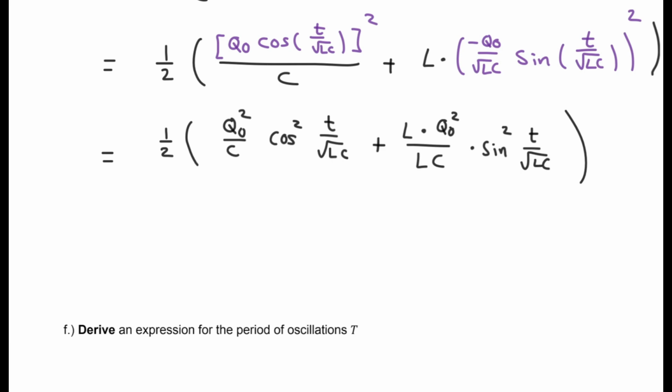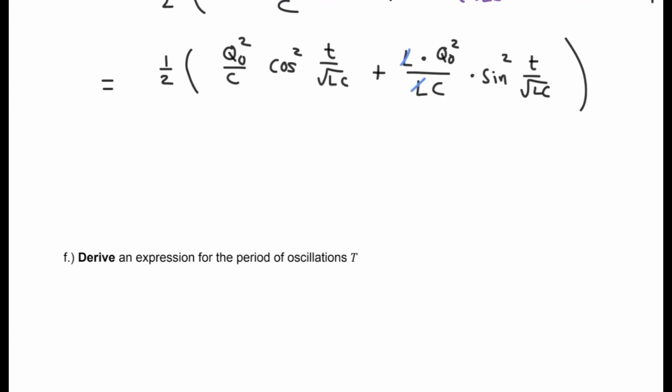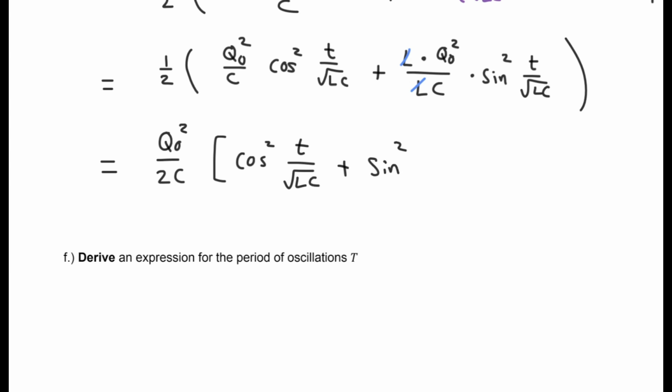Because again, I squared that square root on the bottom, and now we see that the L on the numerator cancels. So we can also factor out a Q0 squared over C, and we get Q0 squared over 2C on the outside times cosine squared t over square root LC plus sine squared t over square root LC.